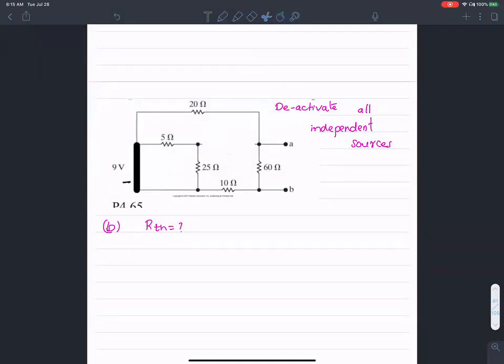That deactivates your voltage source. Now let's see if we can simplify this circuit. Now we don't have any independent sources. It's a really simple circuit here.